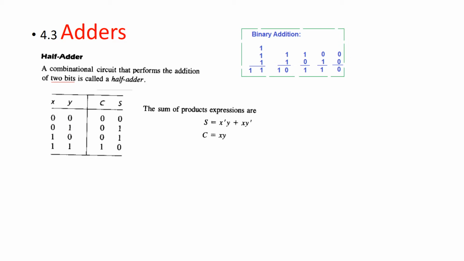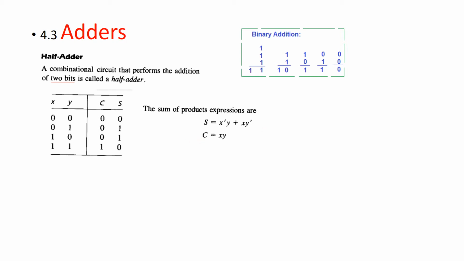X is 0, that means we'll write it as X dash, and Y is 1, so we'll write it as Y. So X dash Y. Then there is another 1 at the sum, so we'll OR it with the plus sign, and this is when the input X is 1 and Y is 0. So that means it's X Y dash. So this is the expression for the sum term.